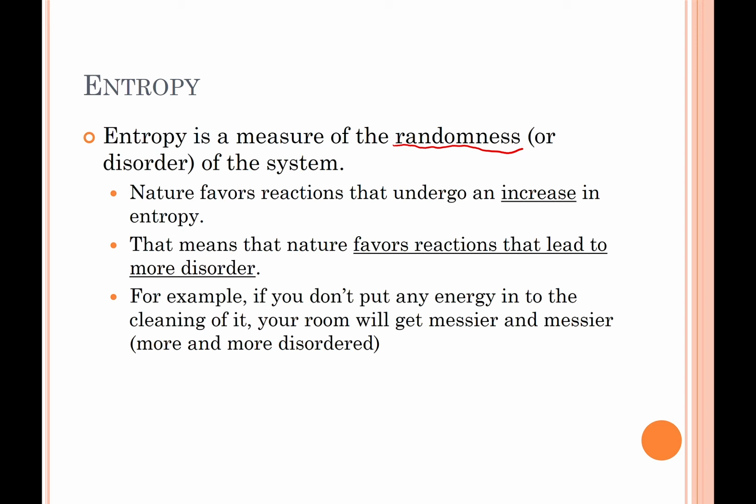How disordered are things in a reaction, in an environment? That's how we can determine what entropy is. And nature is going to favor a reaction that undergoes an increase in entropy, or a reaction that gets more random or more disordered or more chaotic.